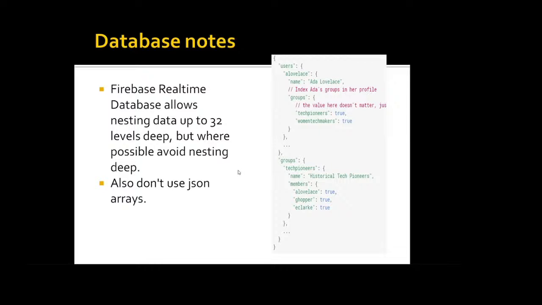In most applications there won't be a need for 32. This seems pretty high. We will be using a maximum of 2-3 nested. Also, don't use JSON arrays. And the reason for not using JSON arrays, we will cover that in another session maybe.